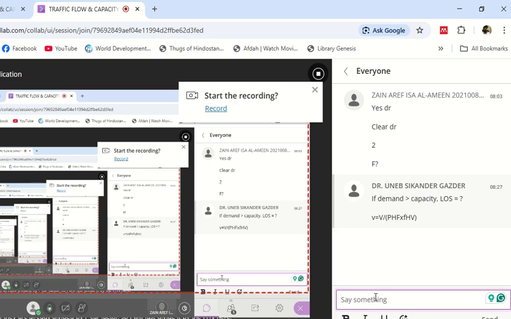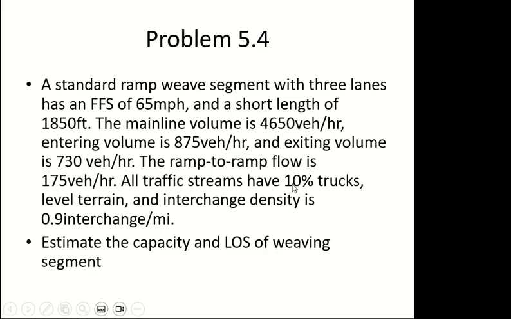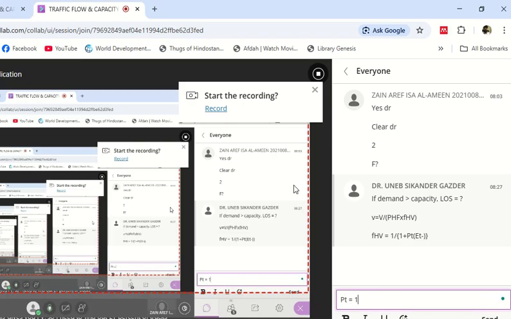I have a level terrain, so FHV is 1 divided by 1 plus the percentage of trucks times (ET minus 1). This gives you FHV. So I need to find out ET. The percentage of trucks is 10% here, and I will take it the same for all the traffic.